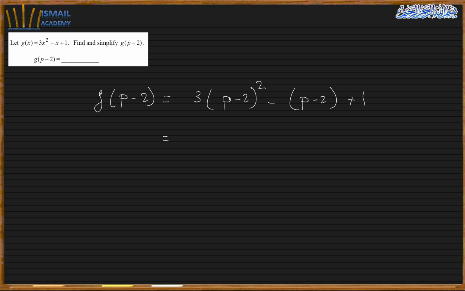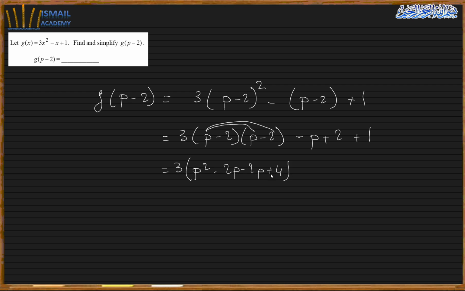Now here, it's not distribute. Here we FOIL, or you expand, then you distribute each term. So it's going to be 3 times p minus 2 times p minus 2. Here I distribute the minus, so it's going to be minus p plus 2 plus 1. Here I have 3 times, because 3 multiplies the whole answer. So it's going to be p squared minus 2p minus 2p plus 4. As you see here, minus p plus 2 plus 1, which is plus 3.